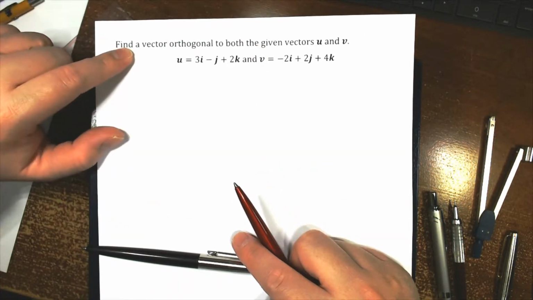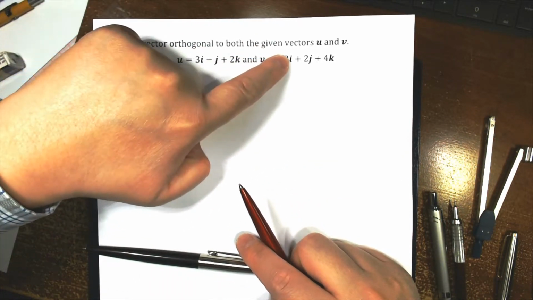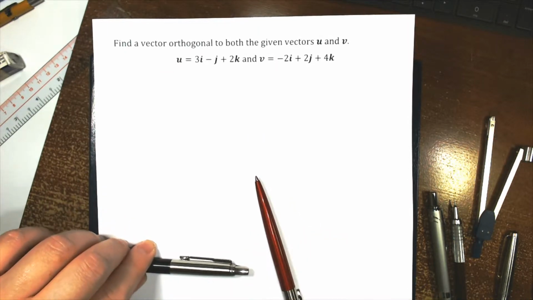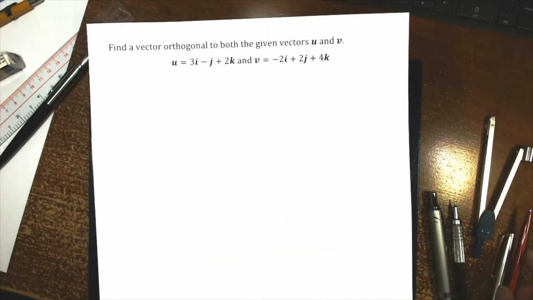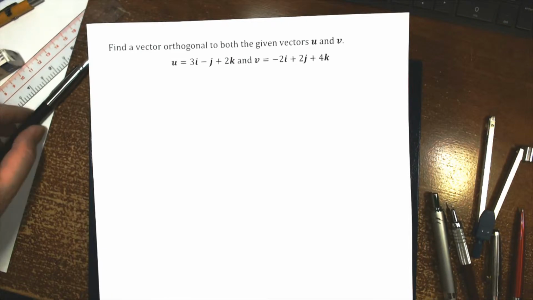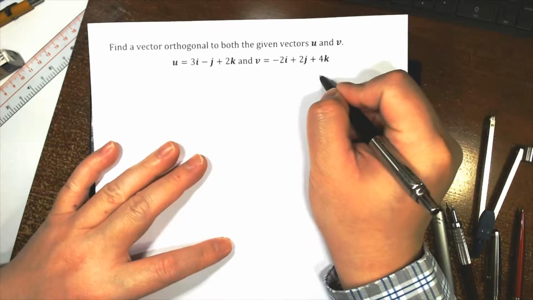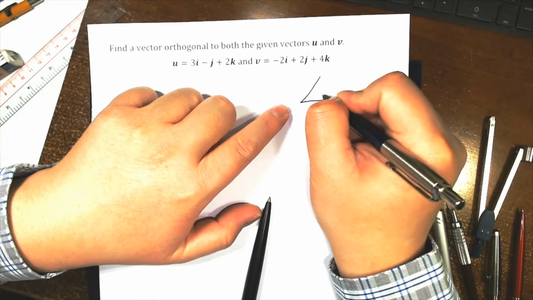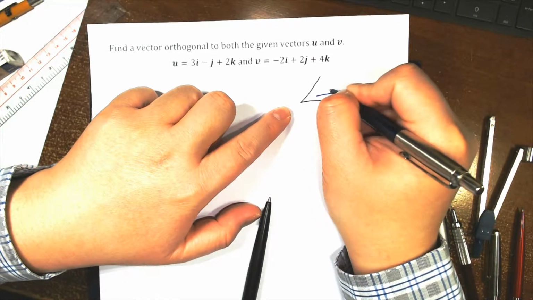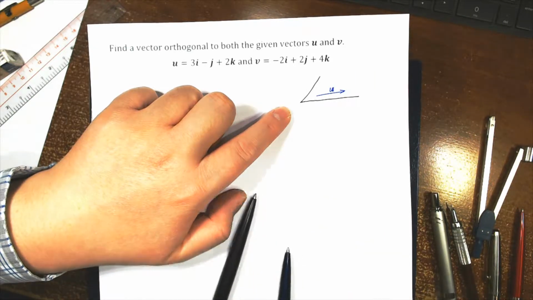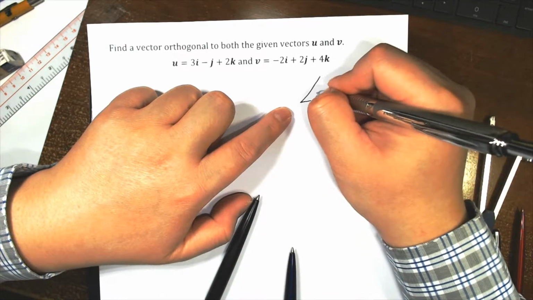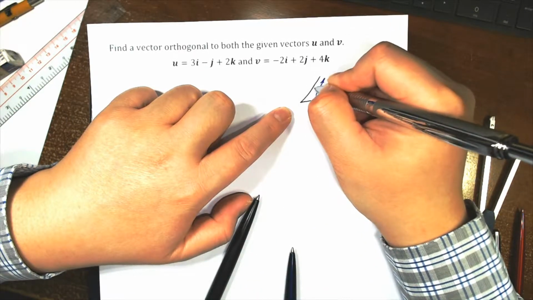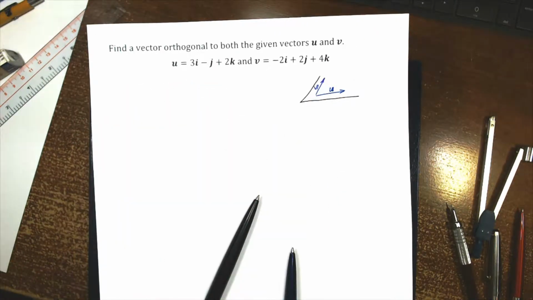We are going to find a vector that is orthogonal to both the given vectors u and v. So in general, we take advantage of the properties of the cross product. I try to draw 3 dimensions here. Let's say we have the vector u and the vector v on a plane.